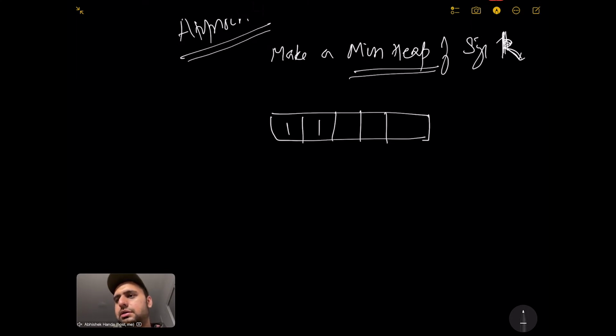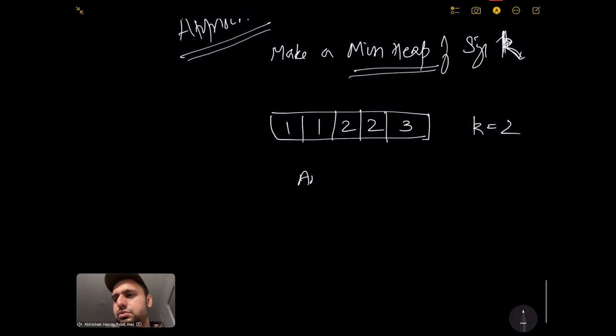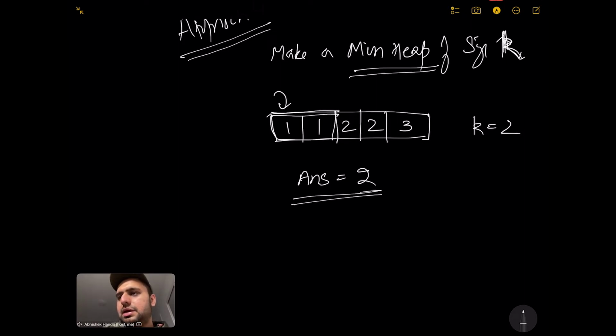Let's say we have 2 1s and 2 2s and 1 3, and I am interested in k equals 2. So clearly the second maximum element, the answer, should be 2. So what we can do is make a heap of size 2, particularly a min heap with size 2.